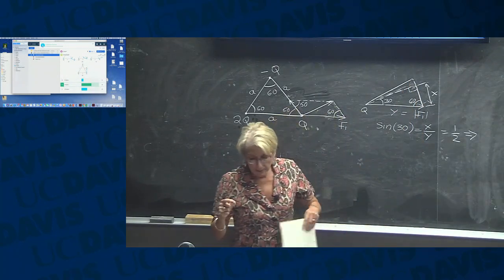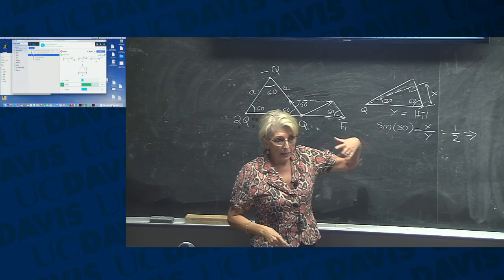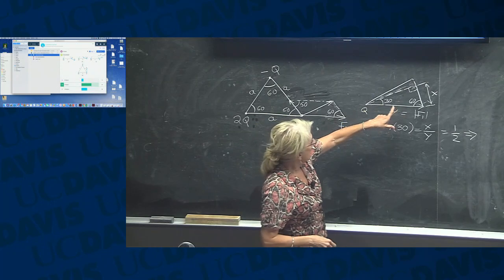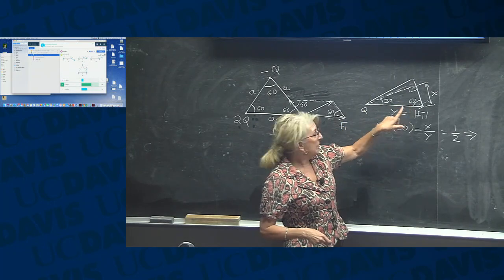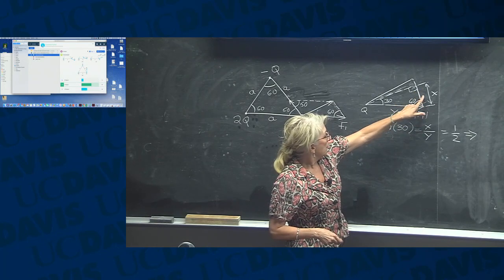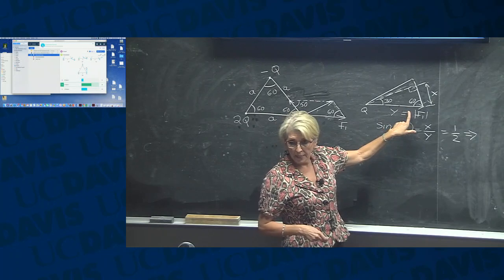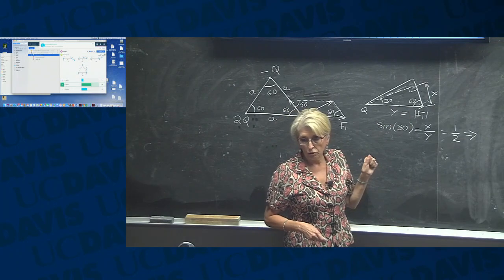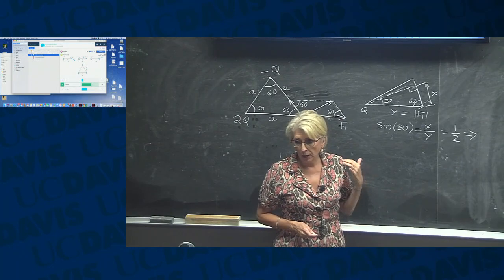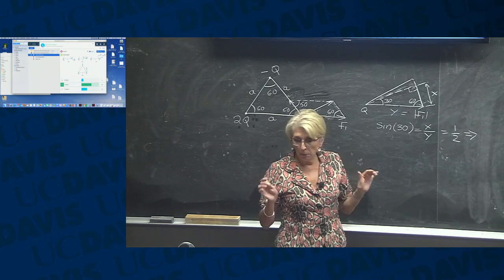You do it as a proof, but you need to remember that when you see a triangle that has one angle to be 60 degrees and one of these sides to be half of that one, then you know that it's a rectangular triangle. But this is the way I would prove it if you had to ask me to prove it for you. Okay? So a little bit of geometry, simple stuff.